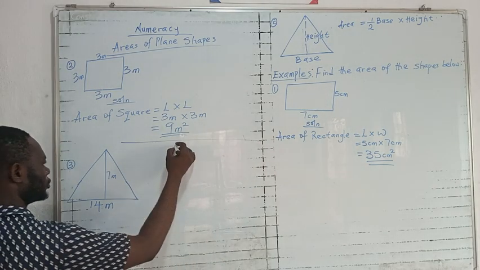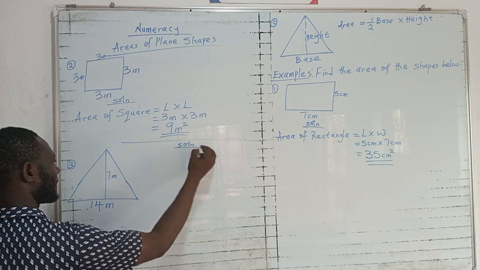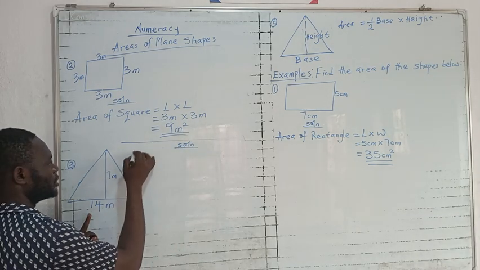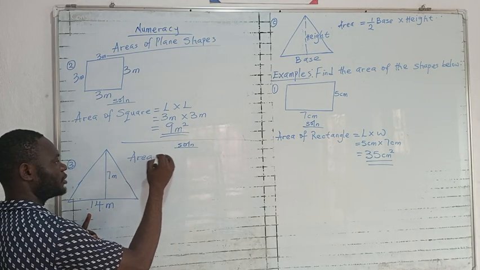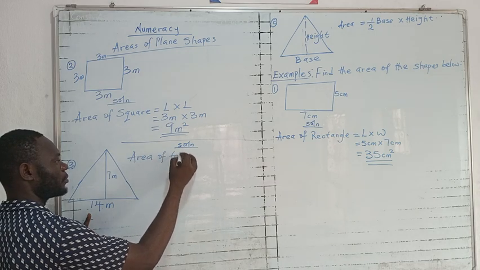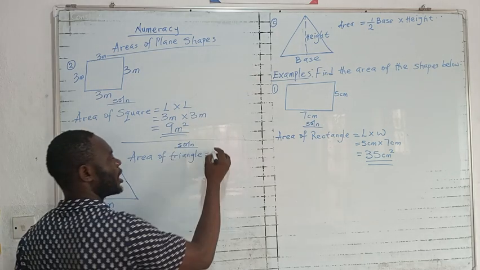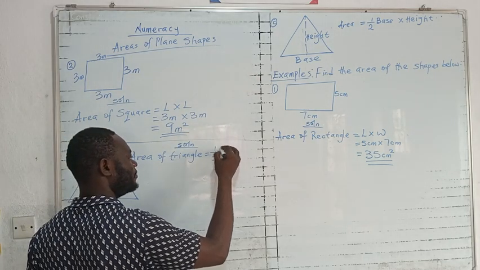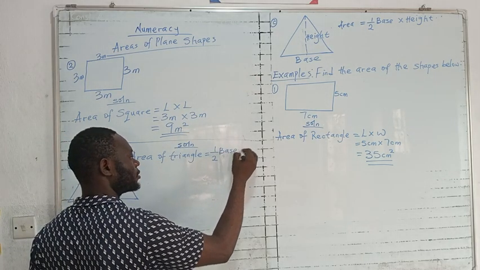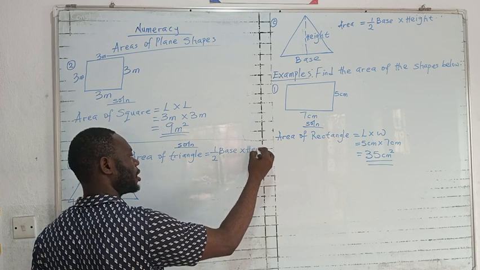Now, solution. To solve this, we know that the formula for area of a triangle equals what? Half base times height.